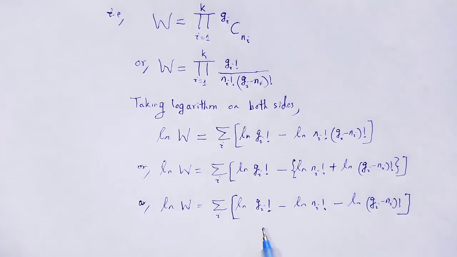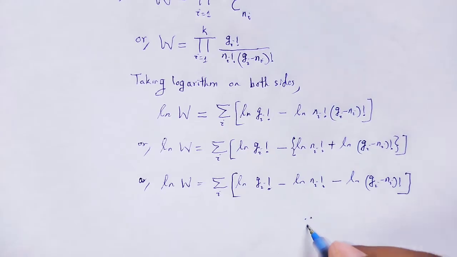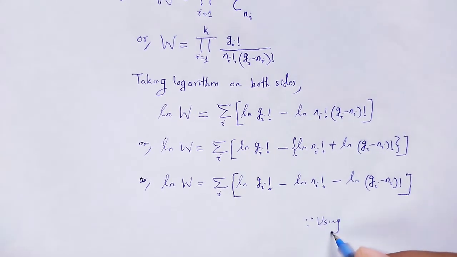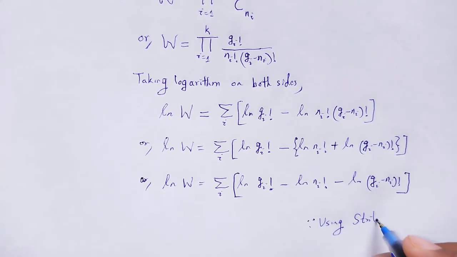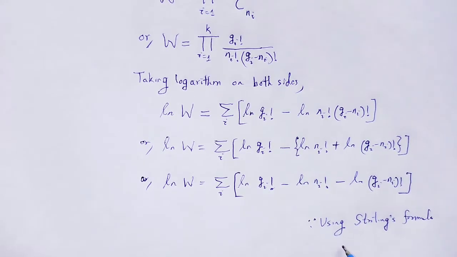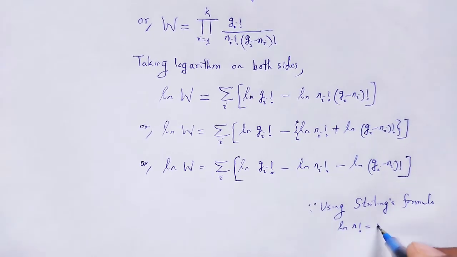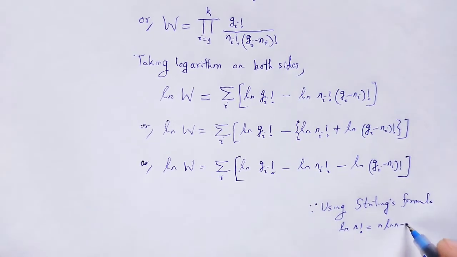Next, the log of any factorial can be evaluated by using Stirling's approximation, Stirling's formula, as ln n factorial is equal to n ln n minus n.